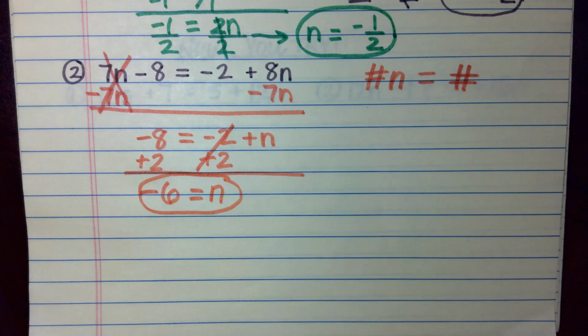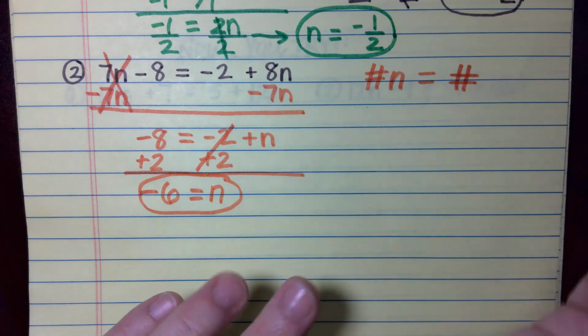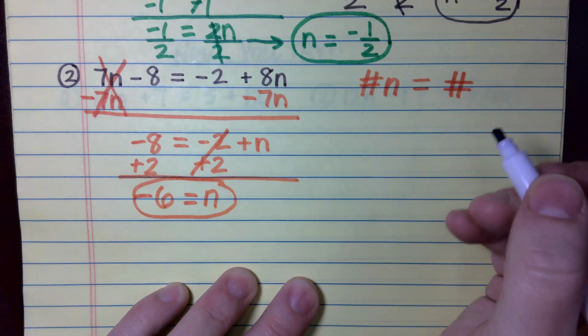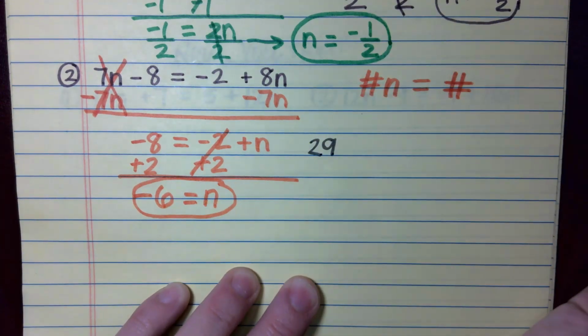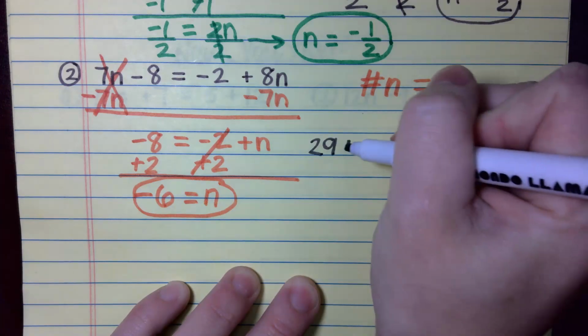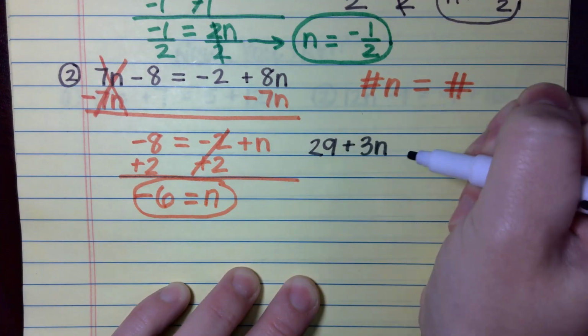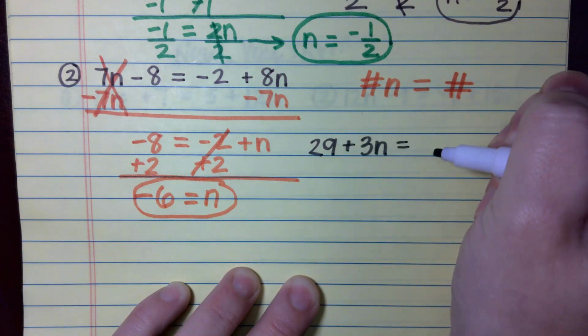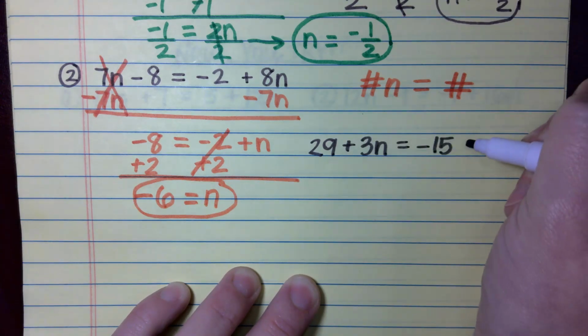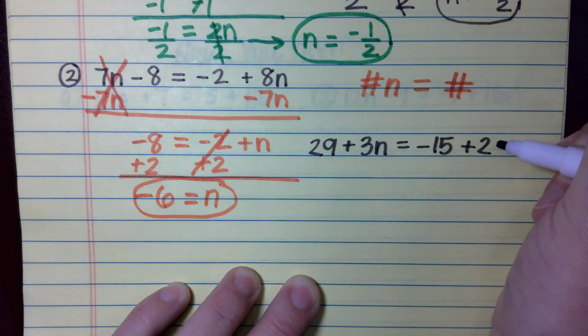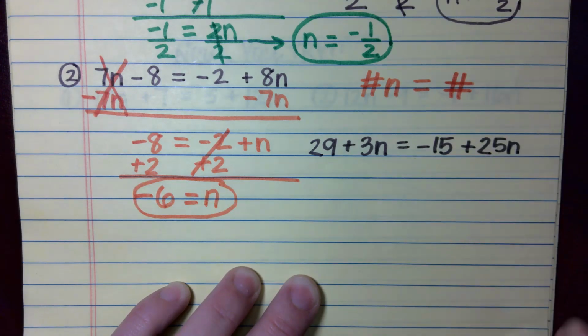Let's do another one like that. How about we do 29, I don't know why I wrote that backwards. 29 plus 3n equals negative 15 plus 25n.